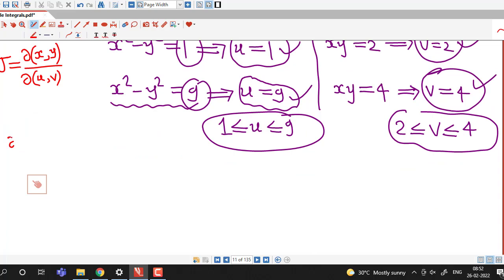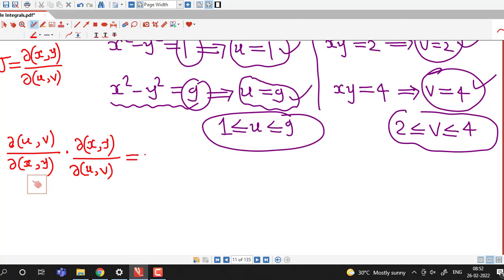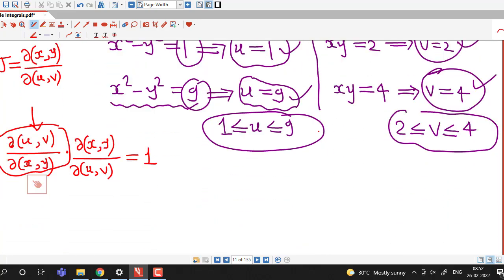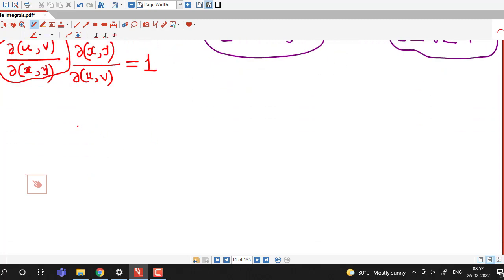If you recall, I have explained in the first lecture that if we consider the Jacobian of u, v with respect to x, y, and take the product of this Jacobian with the Jacobian of x, y with respect to u and v, then this product is always 1. So we can find this Jacobian because we have expressions of u and v in terms of x and y, and using this property we can obtain the Jacobian of x, y with respect to u and v. So first we find the Jacobian of u, v with respect to x and y.